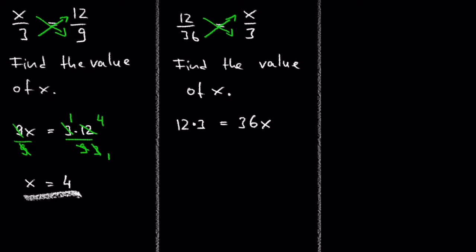And after dividing by 36 on both sides, 12 times 3 is 36, so we can cancel out the numerator and the denominator. And 1 divided by 1 is 1. So we get x equals 1.